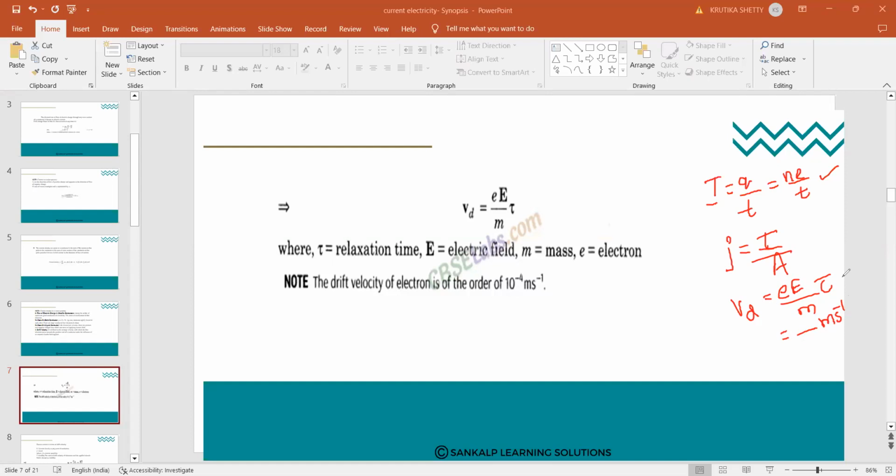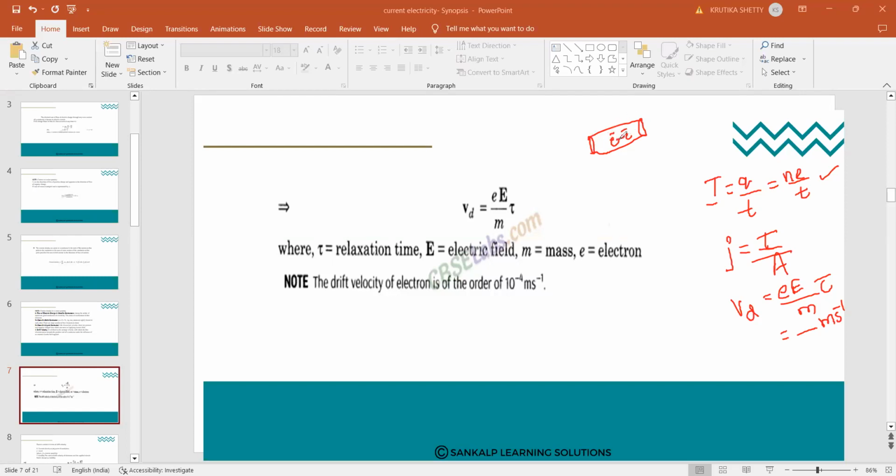We were discussing relaxation time. So what is relaxation time? Consider a conductor. In this conductor, the electrons are moving randomly.